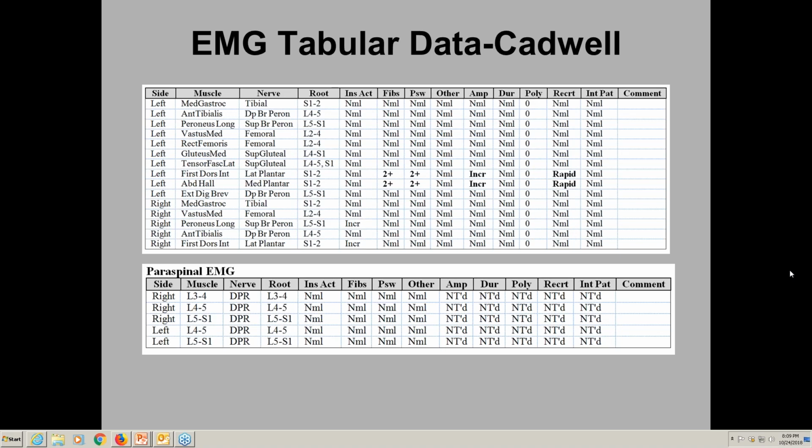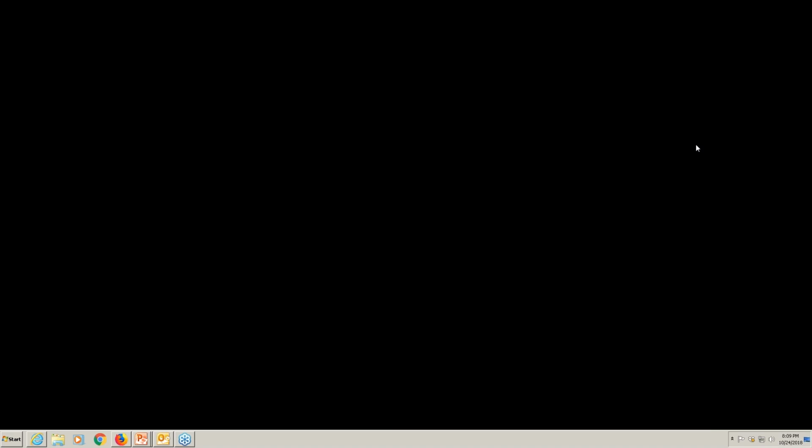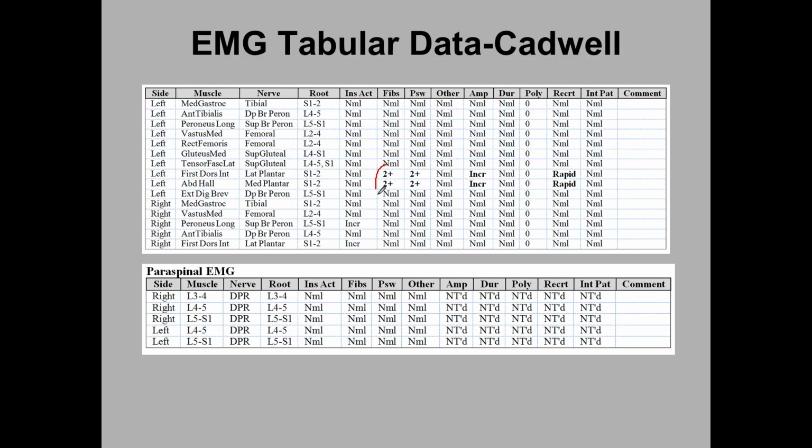Yes, or larger than normal amplitude motor units. And so what does this mean? What does it mean when we see fibs and positive waves? What does that mean to us? There's muscle membrane instability. Very good.